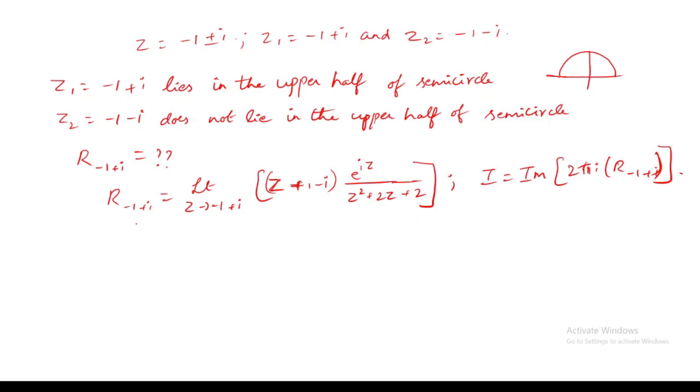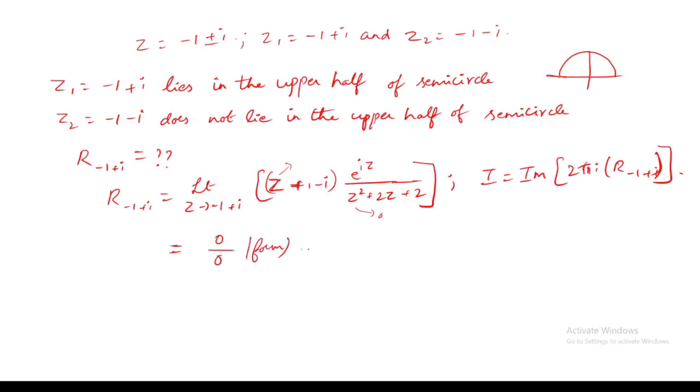First we find the residue at z equals minus 1 plus i. If we substitute z as minus 1 plus i and apply the limits, the numerator becomes 0 and the denominator also becomes 0, so it is of the form 0 by 0.